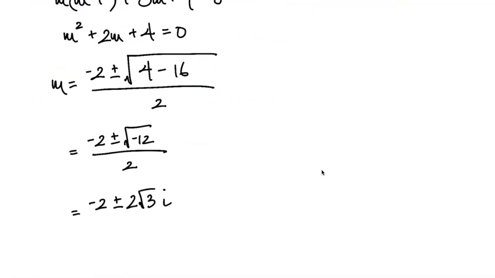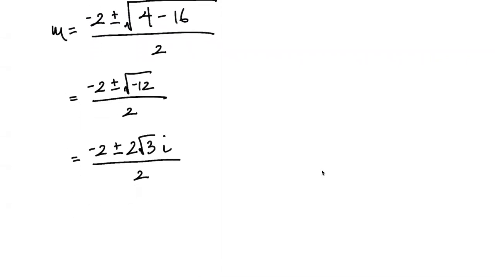And sometimes I leave sort of an aggressive space between my root and the i. You can also put the i in front of the square root, and that would be fine. And once we have this, we notice that a lot of things reduce. And so we end up with negative 1 plus or minus i root 3.